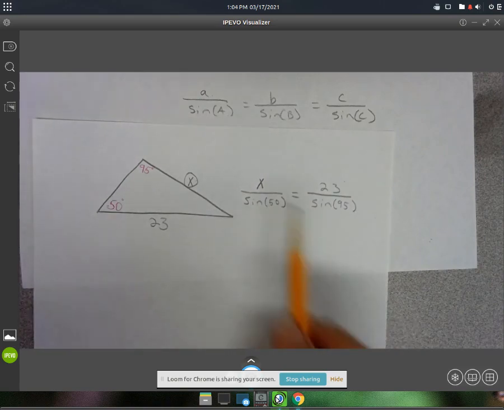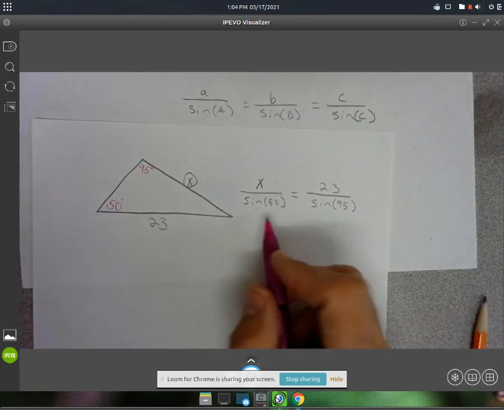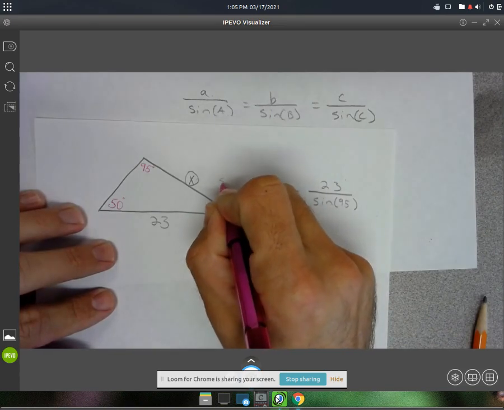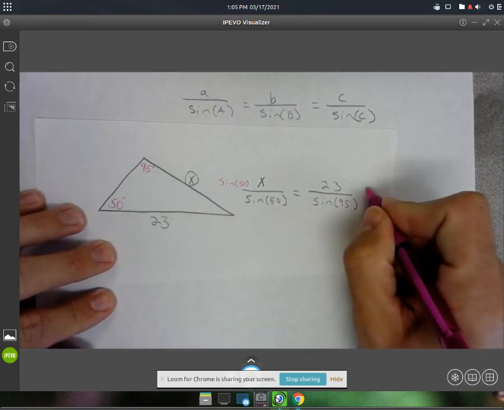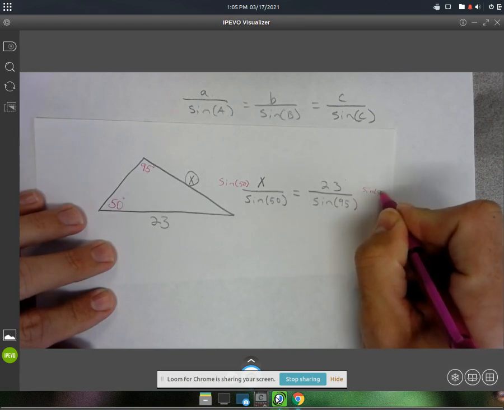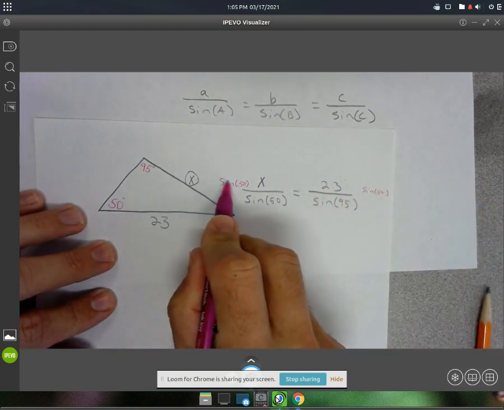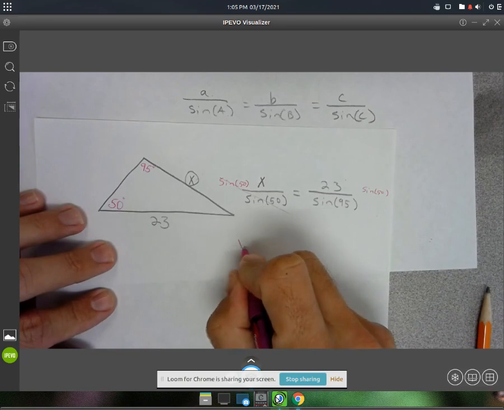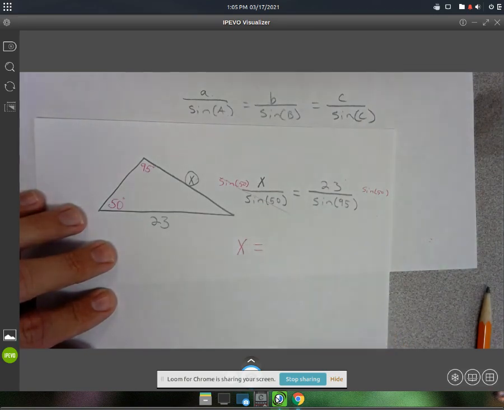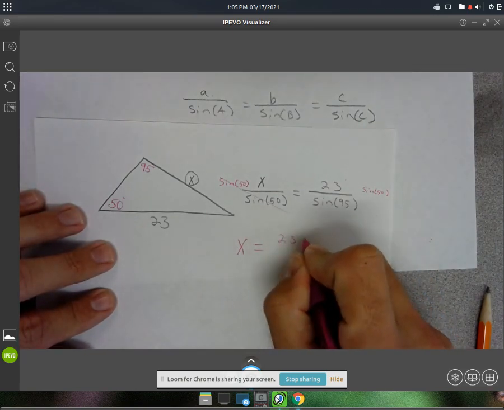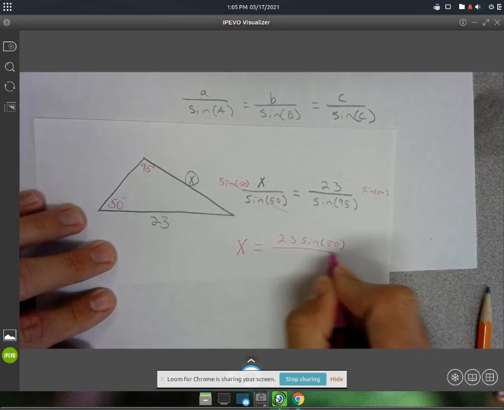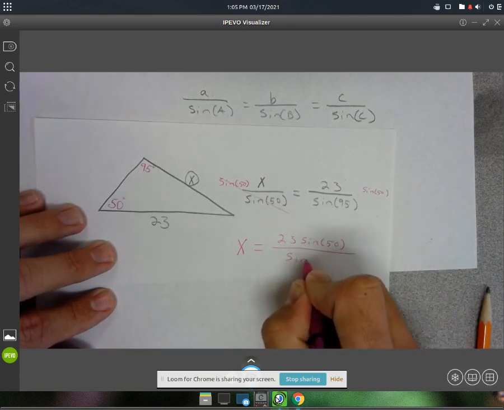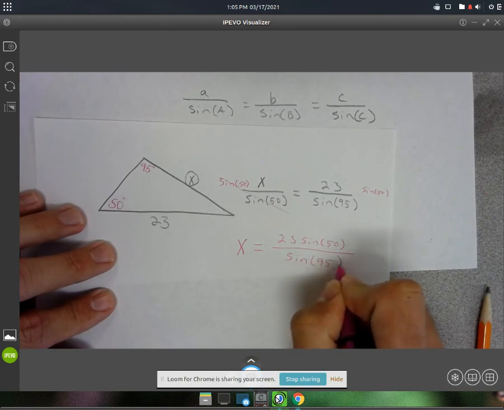What you do is multiply by sine of 50. Multiply by sine of 50 on both sides. These are going to cancel, and so your answer is going to be x equals 23 sine of 50 divided by the sine of 95.